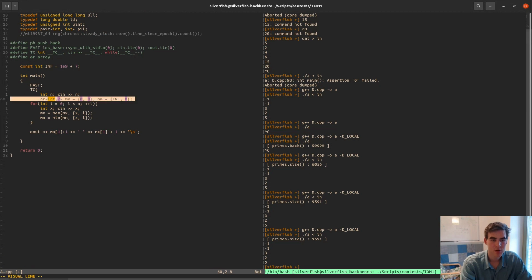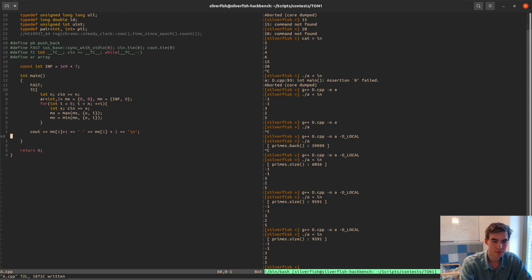I have two arrays of two integers. I like to use arrays instead of pairs. And I select the maximum and the minimum value in the array, and I print out their indices.